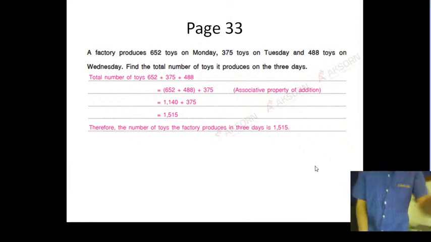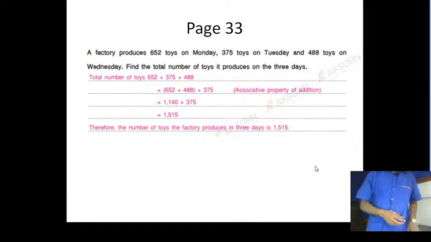Yes, write down first. Yes, your homework.